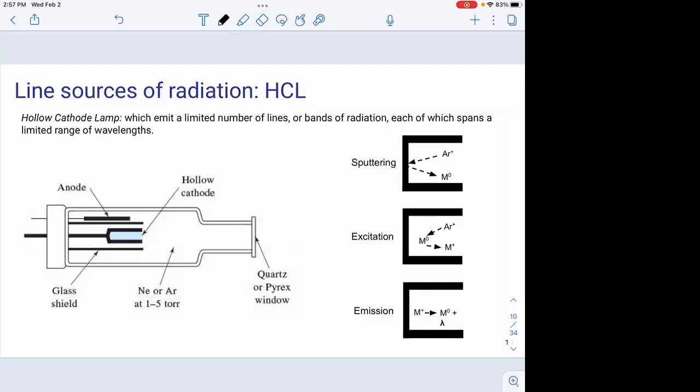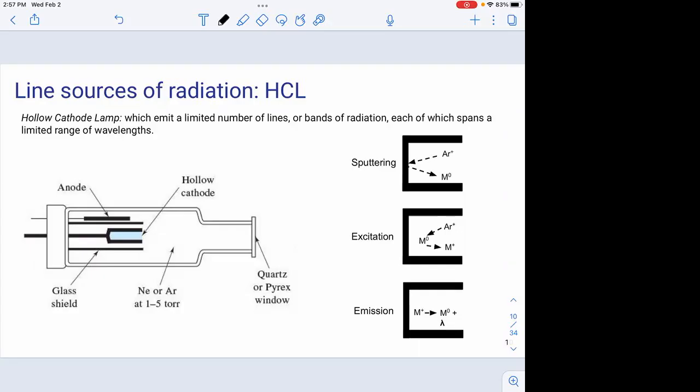The point is that each line or band of radiation that a hollow cathode lamp can produce has a really limited range of wavelengths, which is great for an absorption measurement, right? That way we don't have to use a wavelength selector right after a source in order to get that monochromatic radiation that's necessary for an absorption measurement.